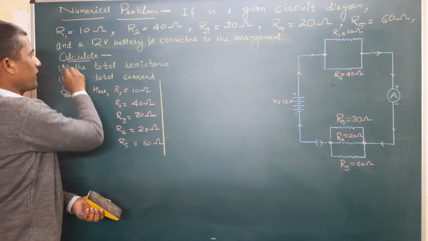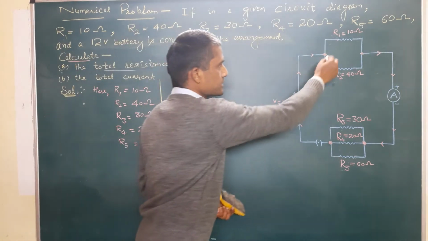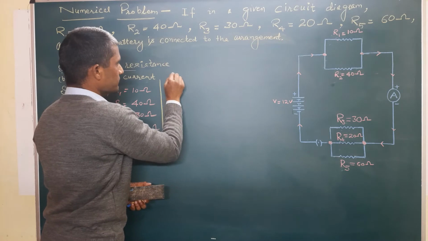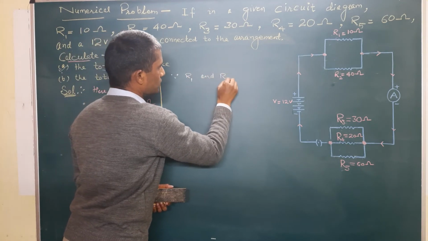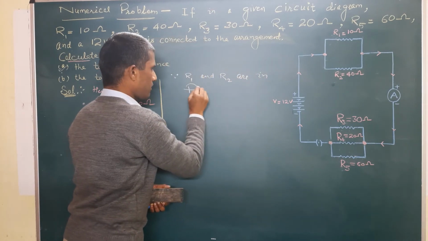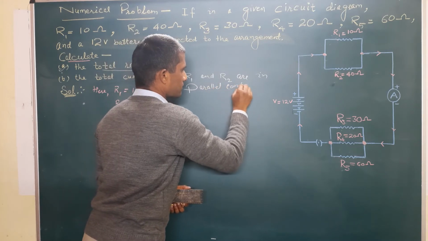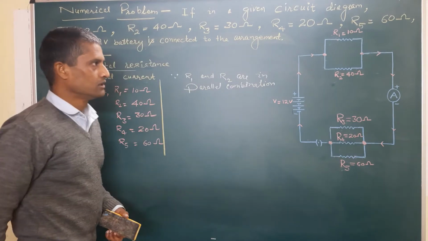Remember, we are going to find out firstly the total resistance. In order to find out total resistance, firstly we are going to solve these two, R1, R2. Here, resistors R1 and R2 are in parallel combination.